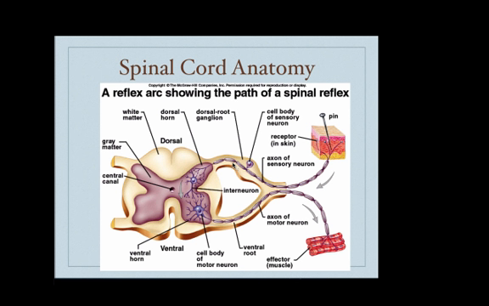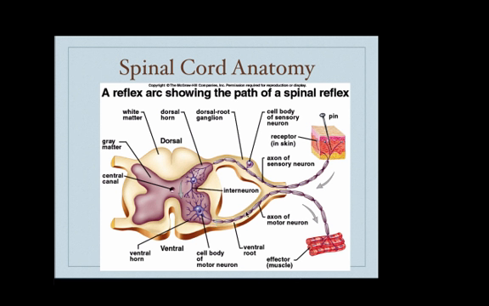The signal then is traveling into the dorsal horn of the spinal cord. Here's our interneuron. We can see that it's found over in the dorsal horn as well. And that interneuron then communicates with our motor neuron. Here's the cell body of our motor neuron. It's in the anterior horn.